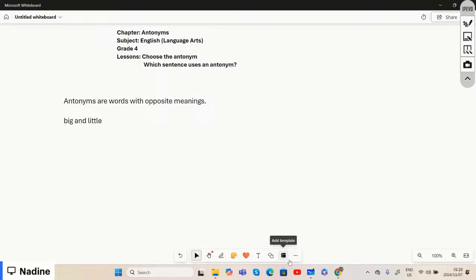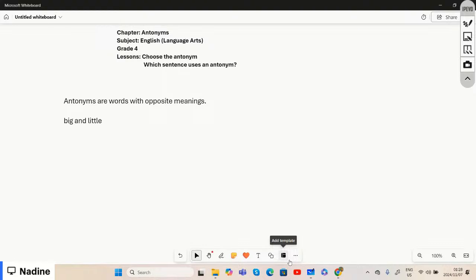Just for a reminder again, antonyms are words with the opposite meaning. We went over a few words where we had to find the opposite, another word that shows us the opposite of something.